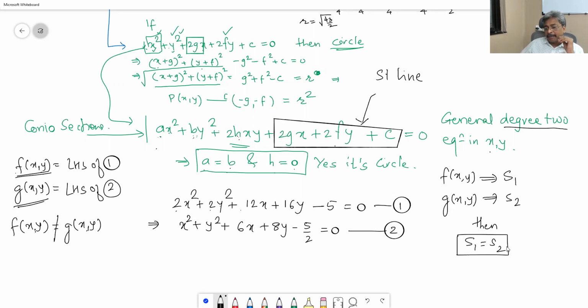The curve is same, the geometry is same, but algebra is different. Okay, we will again get into details of this later on.